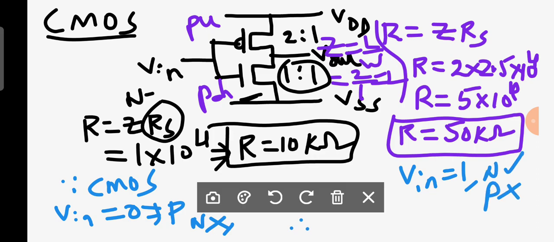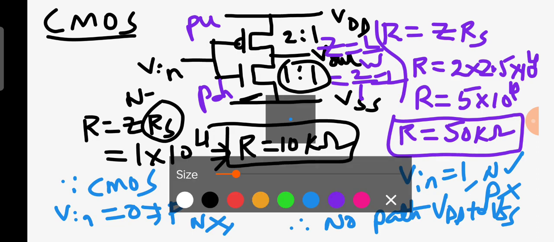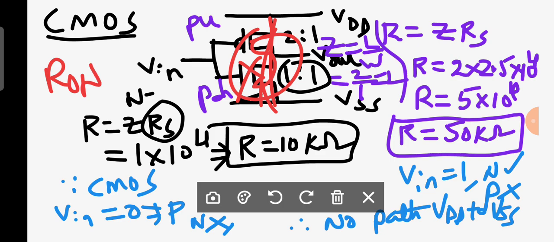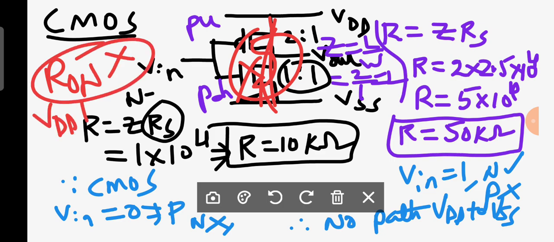Therefore, there is no path from VDD to VSS. Clearly there is no static current flow here. Therefore, you do not have any on resistance between VDD and VSS. Are you clear?